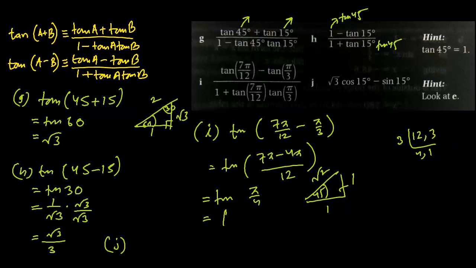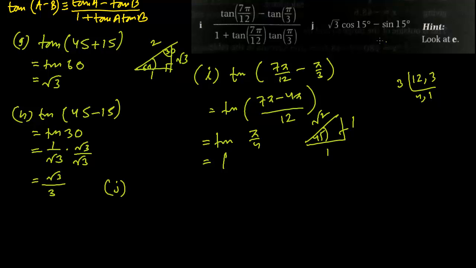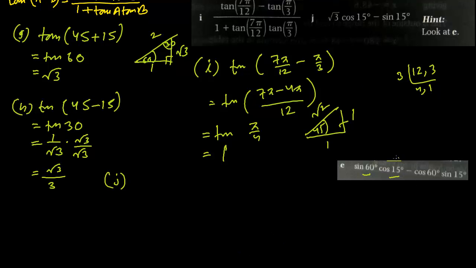So they have given us some sort of a hint. They are telling us, look at question number E. Well, question number E was, if we scroll up, so this is question number E, sine 60. So here what they're saying, instead of root 3, we have to write sine 60. But sine 60 is root 3 by 2.